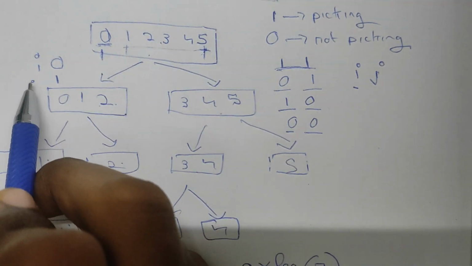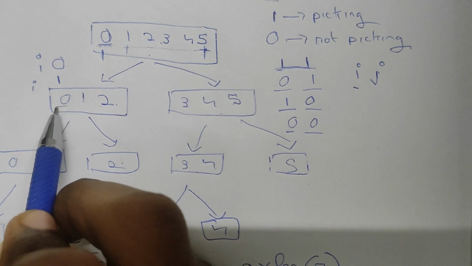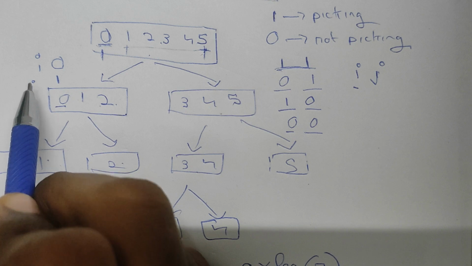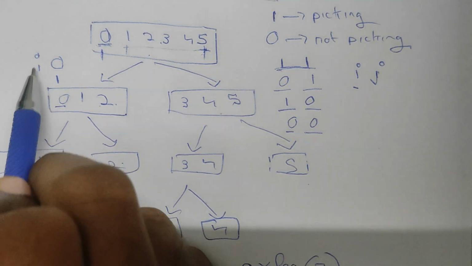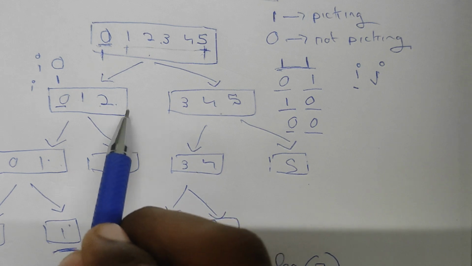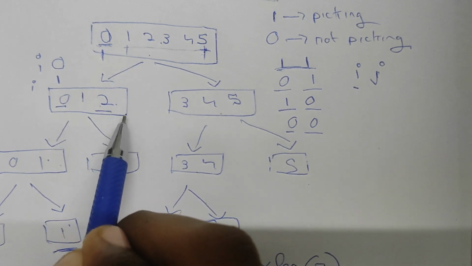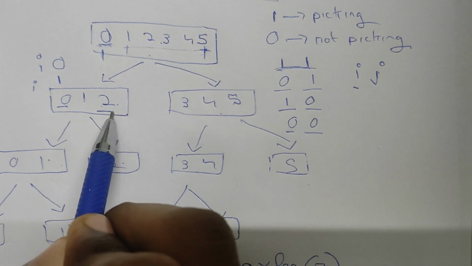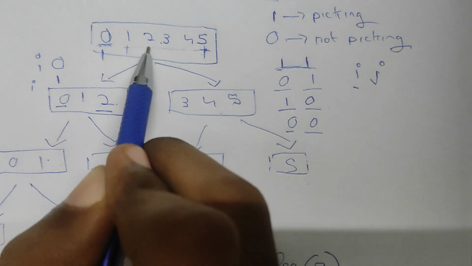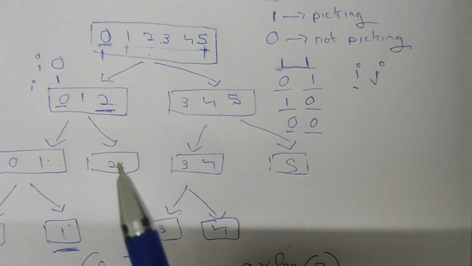So i is fixed. i is whether we are choosing the leftmost element or not. Since we are not sure, we have put a variable i. Now the only option for this node is whether to choose this rightmost element or not. Since we haven't applied any operation on 2 over here, we have the option to choose this rightmost element or not.